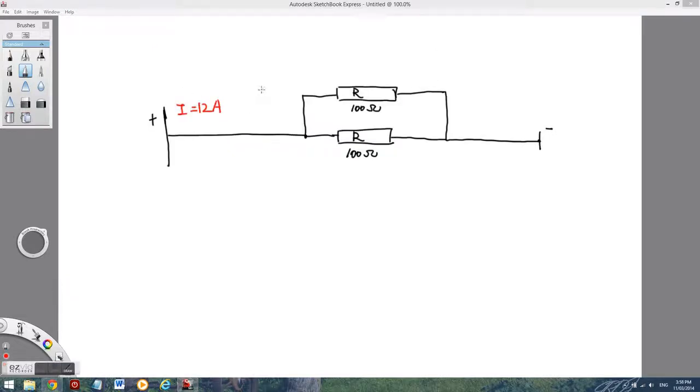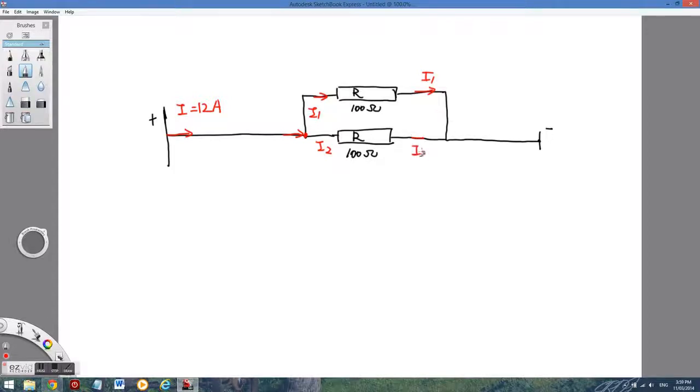Now, have a look at this. I have two resistors. When current travels from the positive to this junction point here, the current splits up into I1 and I2. I1 goes across resistor 1 and I2 goes across resistor 2.